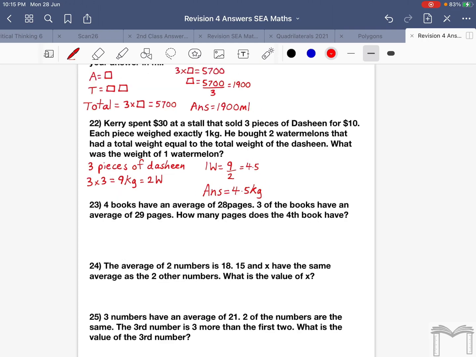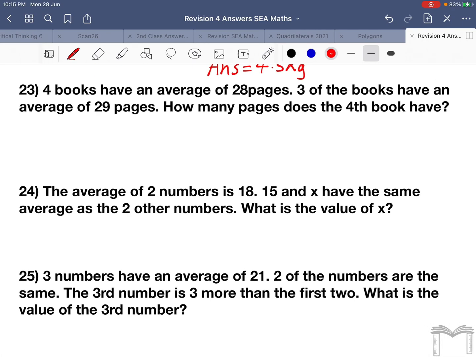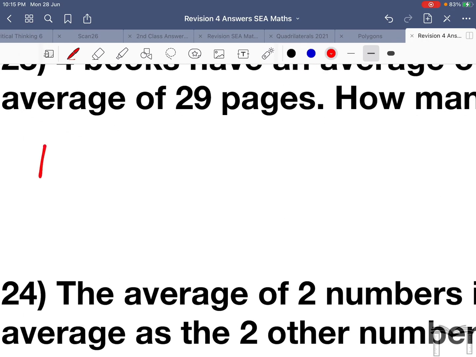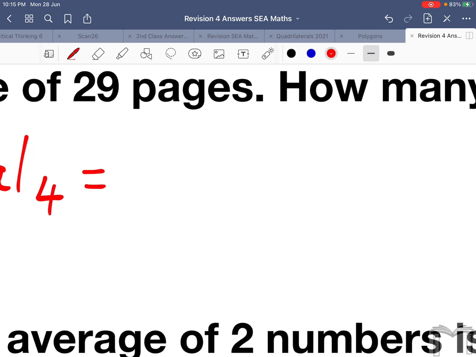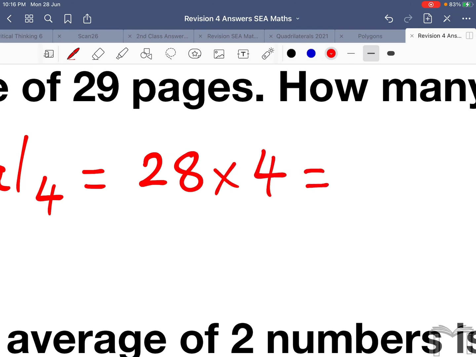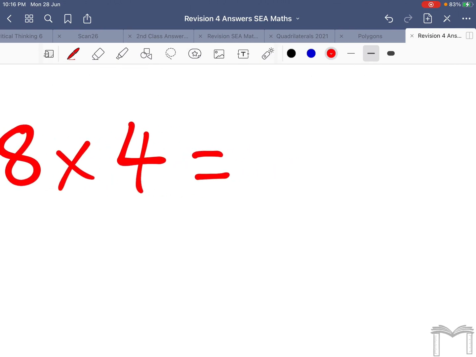How do we find the total amount of pages for the 4 books? Well, we multiply the average, which is 28, by the amount of books, which is 4, and we get a total. 28 times 4 is 112 pages.